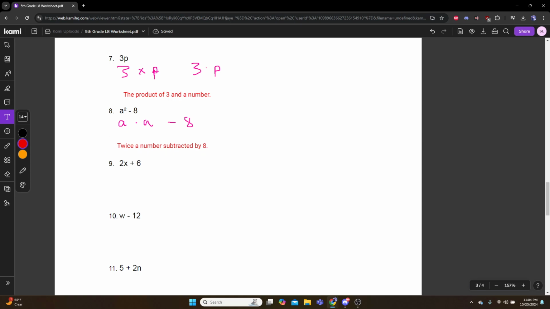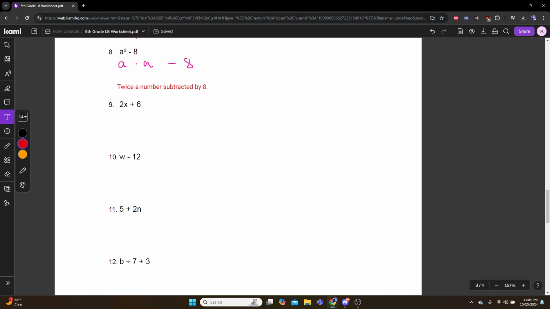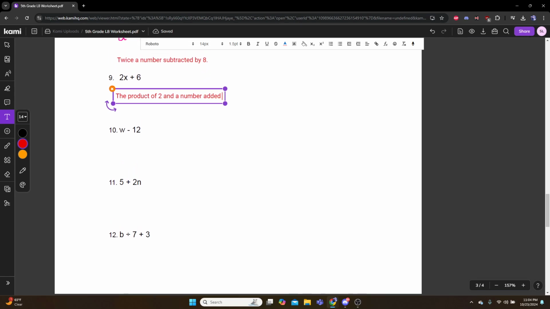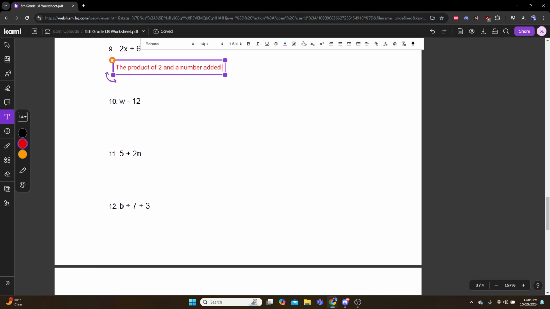We're multiplying it. And then 2x plus 6. This is equivalent to multiplying x and 2, so the product of 2 and a number added by 6.